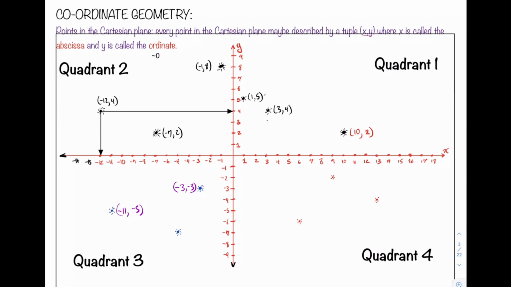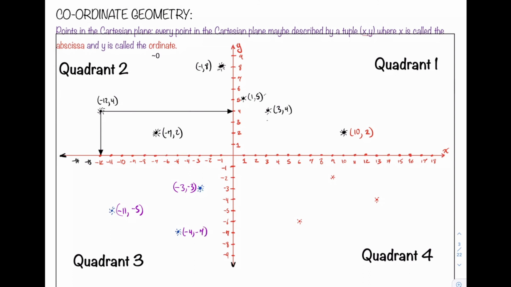And one important thing that we're to learn here is that we have to know how to identify points in the Cartesian plane. If we don't know how to do that, then coordinate geometry is going to be very difficult. All right, so this one is going to be -4, -7.